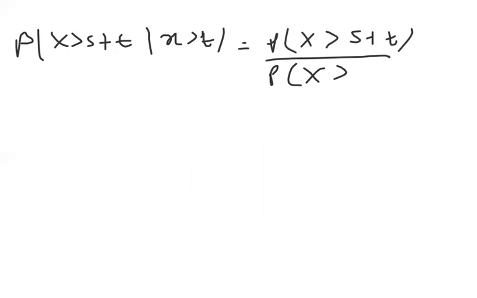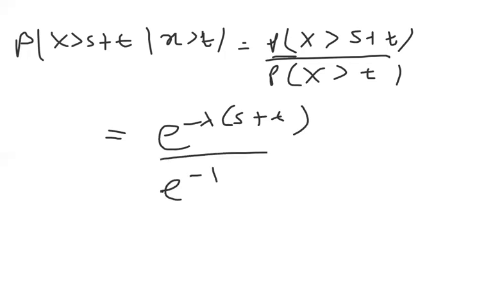When we look at the top part, we had e raised to negative lambda (s plus t), and the bottom part is e raised to negative lambda t. So this expression is the same as e raised to negative lambda s minus lambda t, plus lambda t, because when the minus crosses to the bottom it becomes plus lambda t.